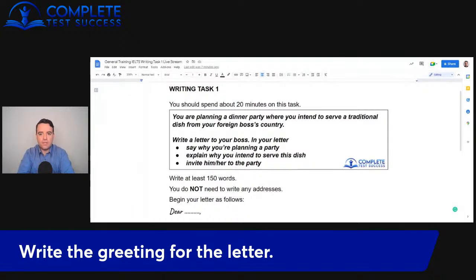If not, we could potentially just scrap these lessons if nobody wants them or nobody needs them. It would be better to help people with task 2 or task 1 academic or speaking, or whatever the case may be. So just let me know, is anybody doing general training IELTS?